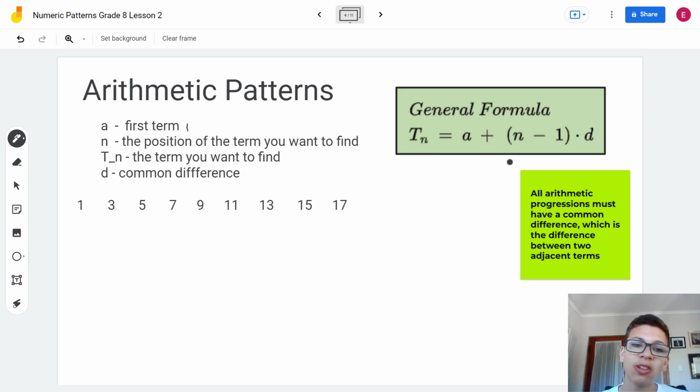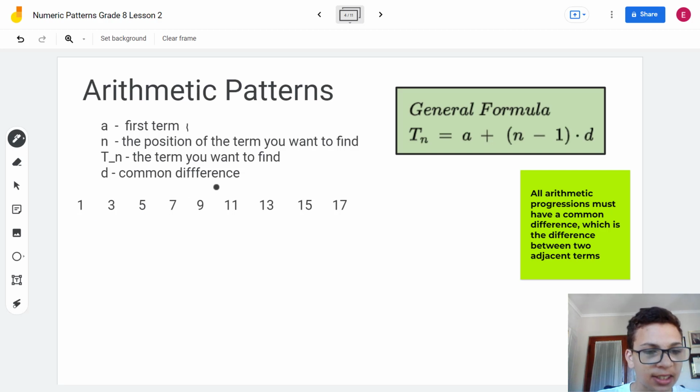And Tn is the term, so n is the position of the term, and Tn is the term you want to find. So if you want to find T of 10, then you substitute n equals 10. T of 10 is like your output, what you're solving for. And lastly, D is the common difference. So in this pattern here, D equals 2.